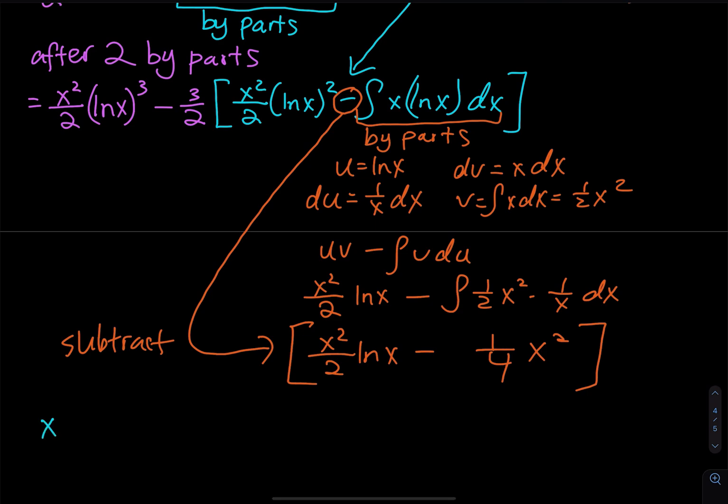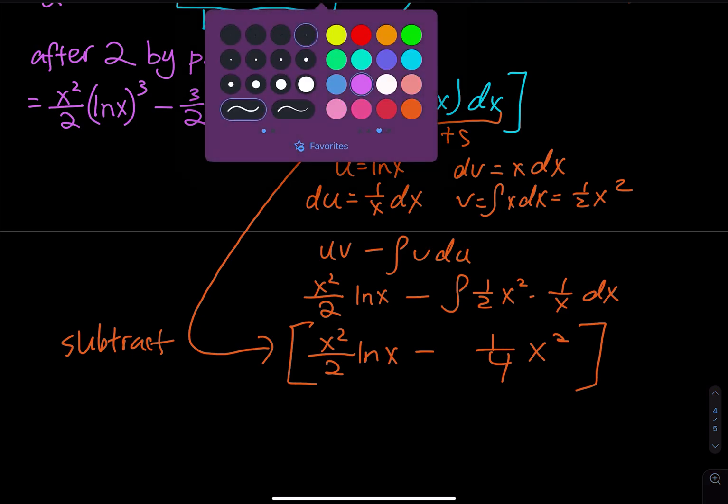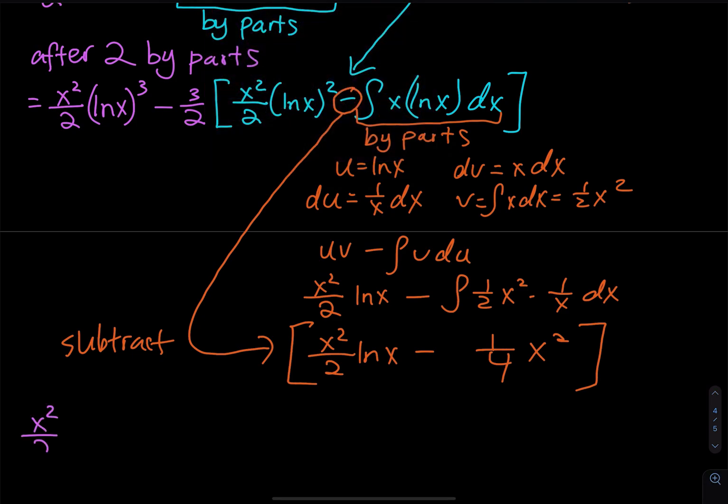So we have x squared. Okay, we should match the color code, right? So we have x squared divided by 2 times ln x to the third, minus 3 over 2 times that. So I'm looking at this. You have 3 over 2 times that, which is 3 over 4 x squared, right?